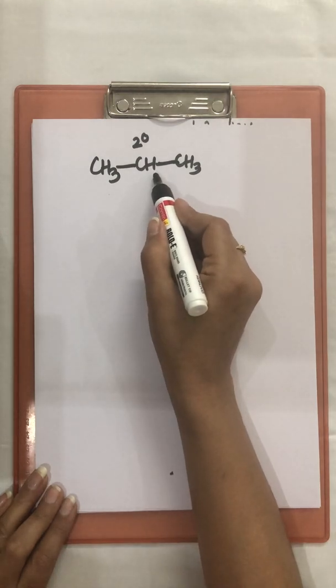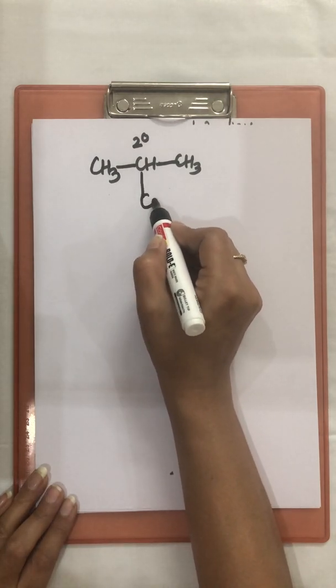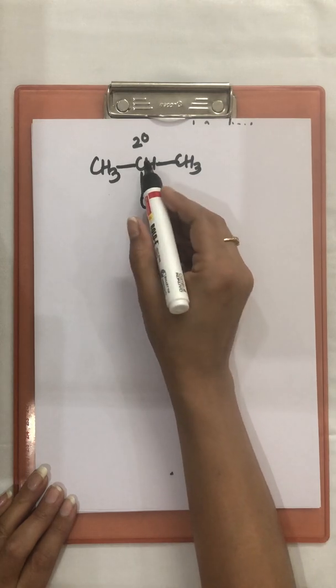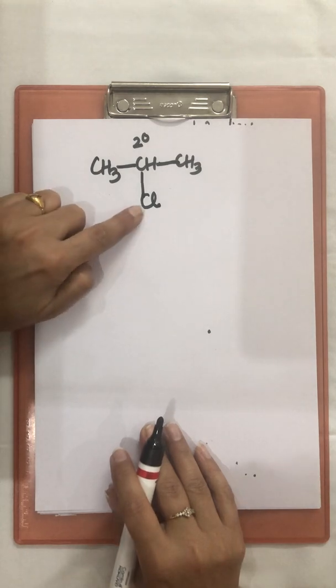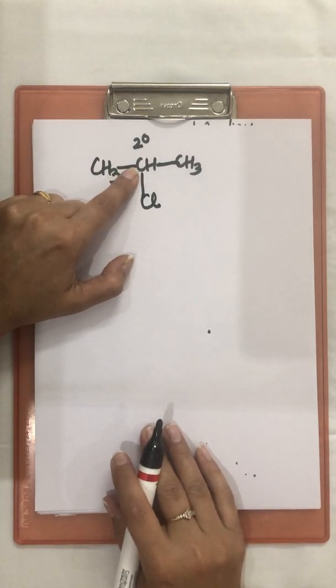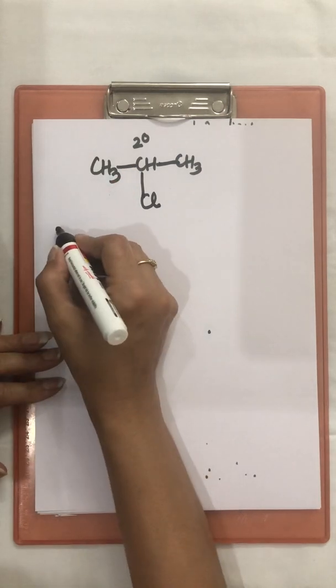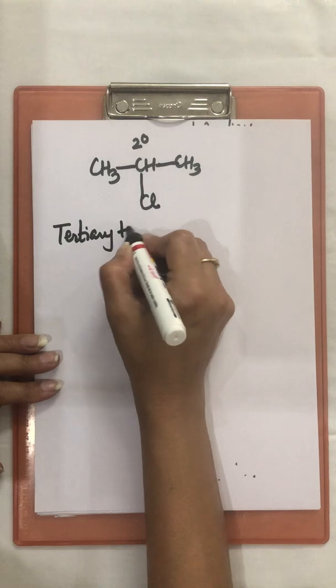Taking out one hydrogen from here, in place of that hydrogen, if we put a halogen, this is called secondary haloalkane because the halogen is linking to which carbon atom? Secondary carbon atom. Third is tertiary haloalkane.